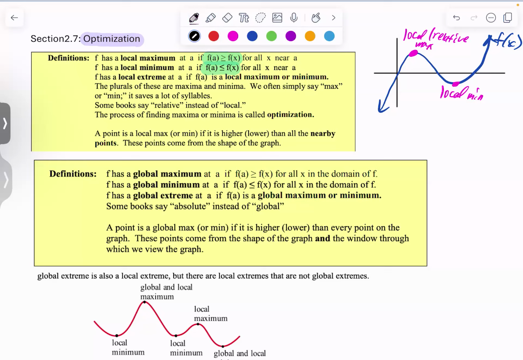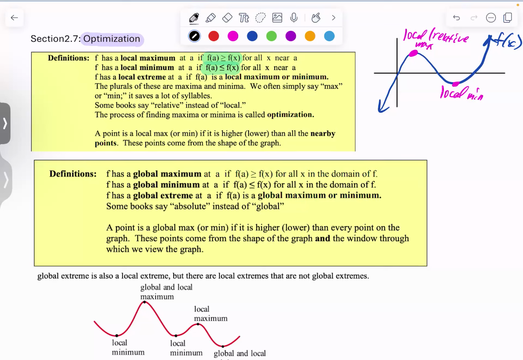And let's move on to global maximum and minimum. So if we look at our first graph that I drew here to the right, there is no global maximum. And by the way, it's often referred to as the absolute minimum and maximum. I tend to use the word absolute, but I'm seeing the word global here. There is no global maximum or minimum with the graph that you see here.